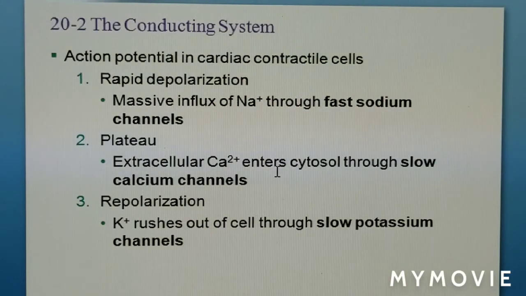But the extracellular calcium enters cytosol through slow calcium channels. And then we have repolarization where the potassium rushes out of the cell through slow potassium channels. So we want to depolarize fast, but our repolarization is slow because of the calcium channels and the slow potassium channels.